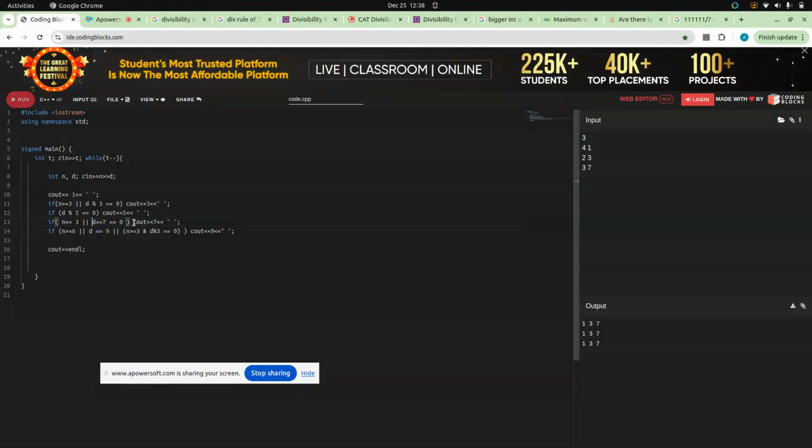I am writing d = 7 = 0. So I think this evaluates as false, right? The statement should evaluate as false, and n is greater than or equal to 3, which was true in the first case and not in the second case. So how did 7 get printed in the second case? Like this, you should ask yourself and see what this means.